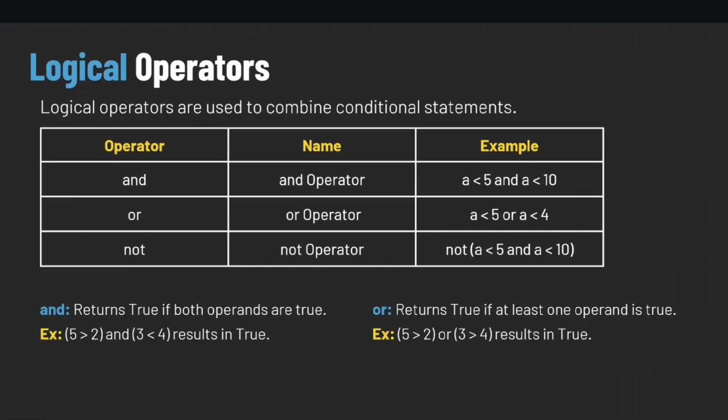In this case, 5 is greater than 2 is true, but 3 is greater than 4 is false. Since one condition is true, the overall result is true. Next, NOT operator. The NOT operator reverses the result of a condition. Here, 5 is greater than 2 is true, but applying NOT makes it false. So now let's switch over to the Google Colab to see how it works.